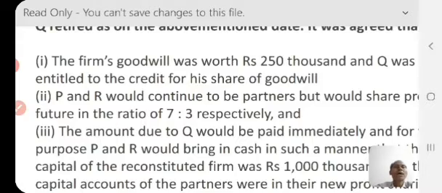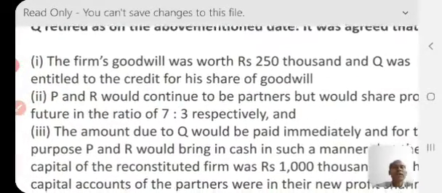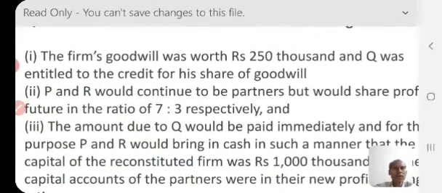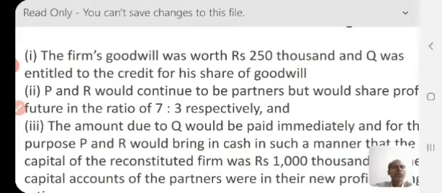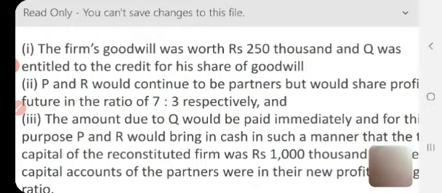P and R would continue to be partners but would share profits in future in the ratio of 7:3. The amount due to Q would be paid immediately.